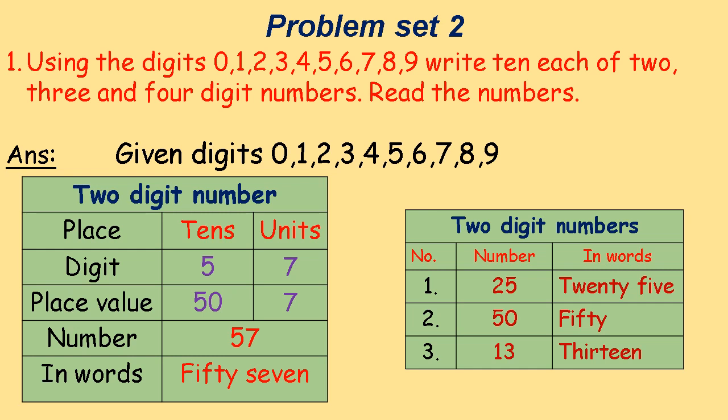Therefore, place value of 7 is 7 and place value of 5 is 50. And here we got our 2 digit number, that is 57. Similarly, you can make your own 2 digit numbers and write in words also.